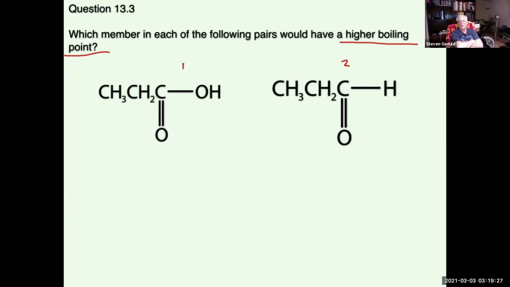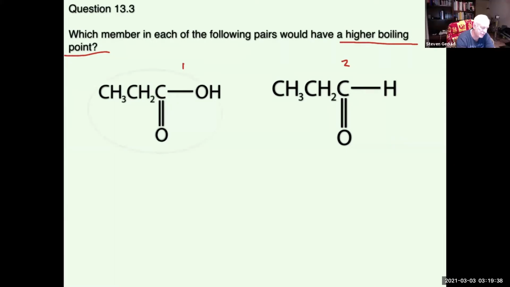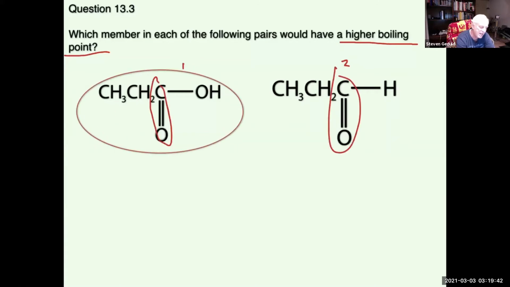Looking at those two compounds, which one's going to be held together tighter? Number 1, perfect. Number 1, because there is the carbonyl group, and besides that, now you get an OH group on top of that. That OH group is going to cause hydrogen bonding, and it's going to have a higher boiling point because it'll hold this thing together with stronger intermolecular forces.